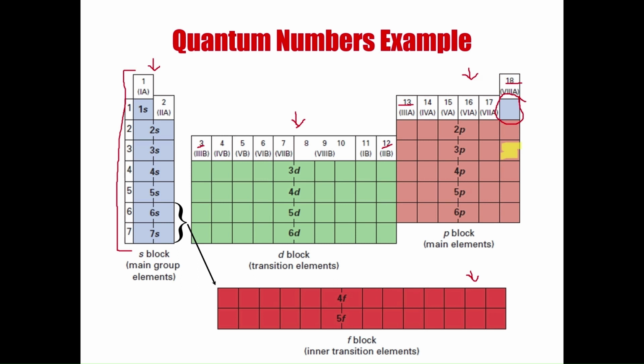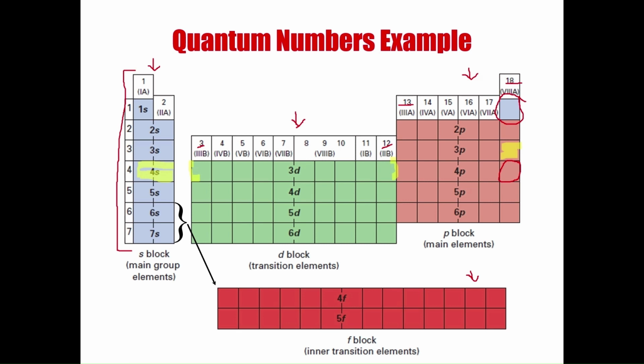And so we need to now fill the d orbitals. But before we can fill the d orbitals, these d orbitals here, to get to krypton, which is located right here, we actually need to fill these two s orbitals. Elements 19 and 20, potassium and calcium.